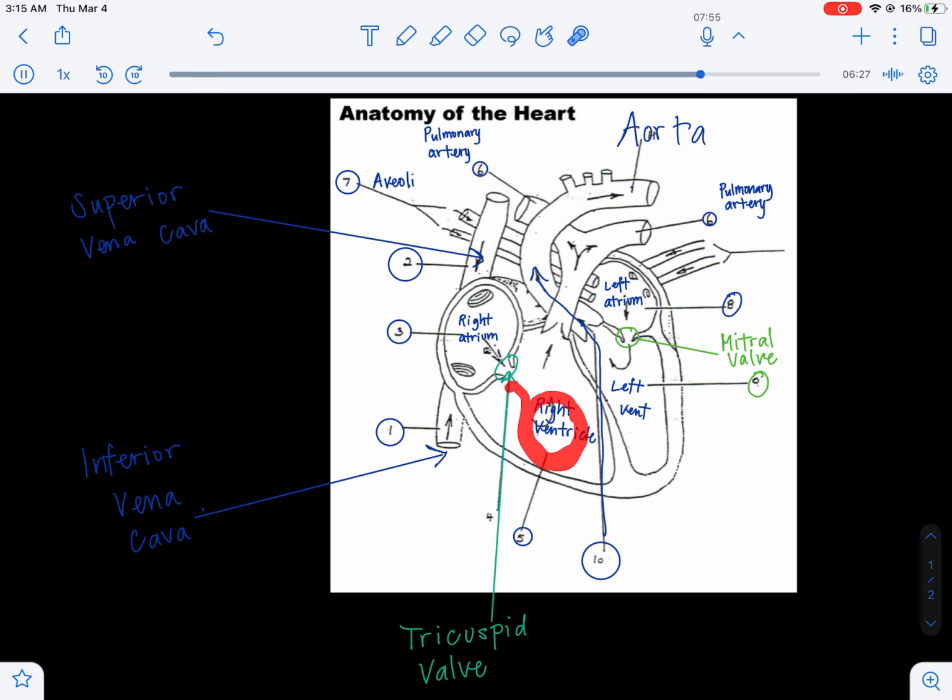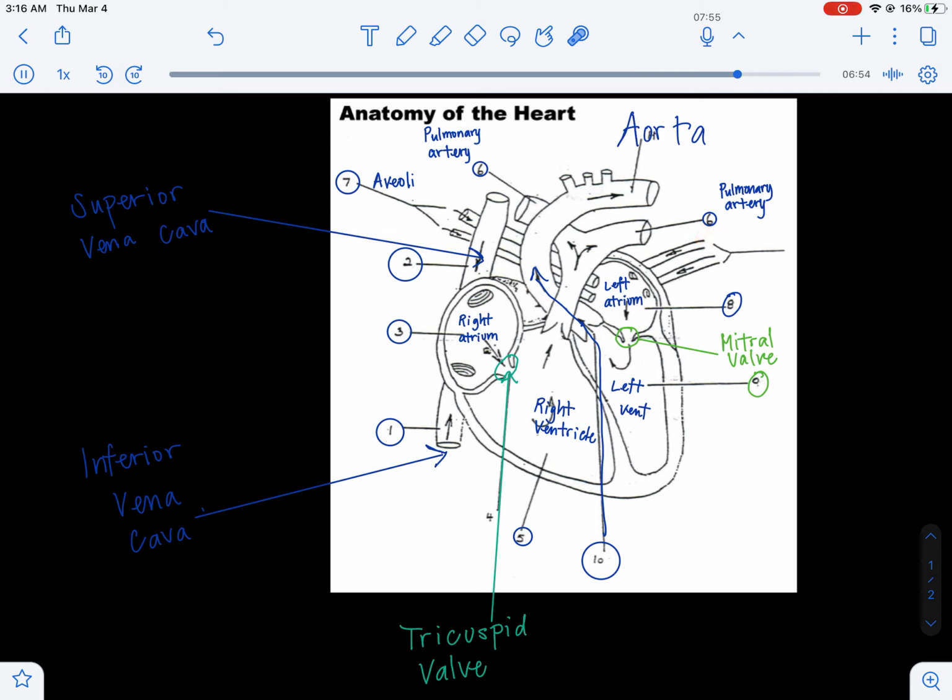And then it travels to the pulmonary artery. So when the deoxygenated blood travels to the pulmonary artery, what happens next is it goes to the alveoli, where the blood is oxygenated.